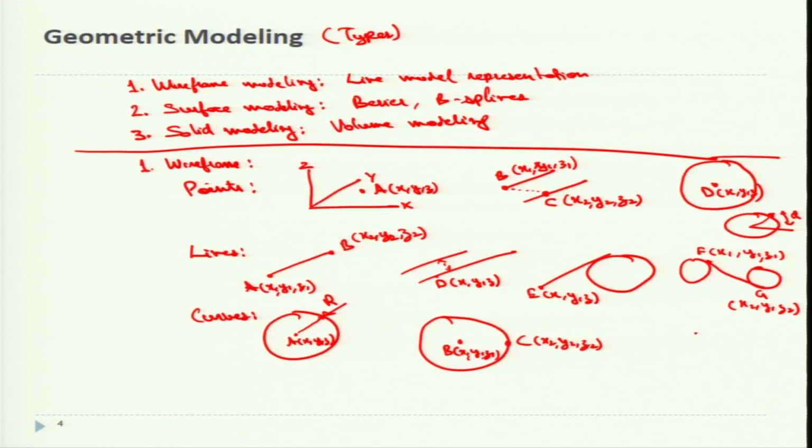Or a circle could be drawn through 3 points. This is general mathematics. If we have 3 points, we can draw a circle with these 3 points. Let me call the points D, E, F with coordinates x1, y1, z1, x2, y2, z2, and x3, y3, z3.